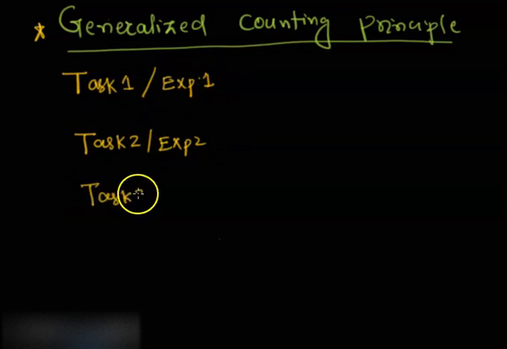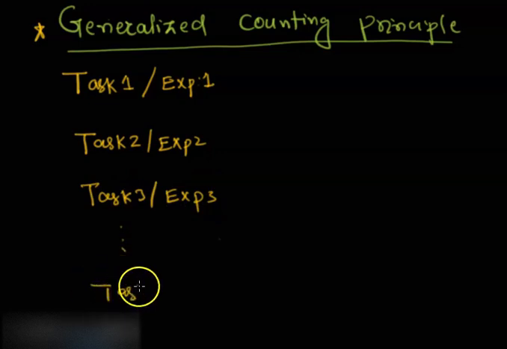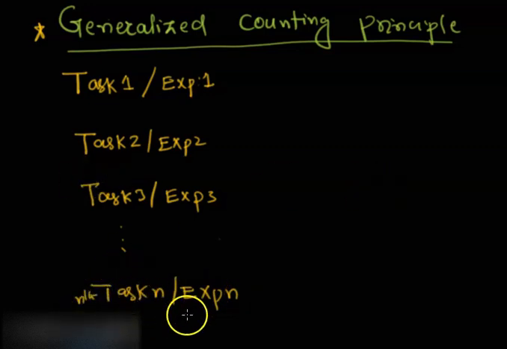Task 3, or maybe you can call this experiment 3. Keep on, let's say you are then performing task n, or experiment n, the nth experiment. You can say this is the nth task, and this is the nth experiment.